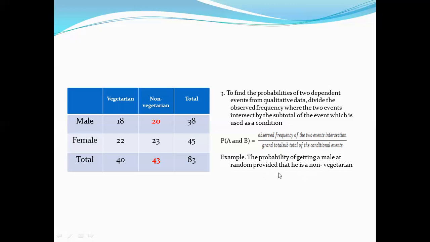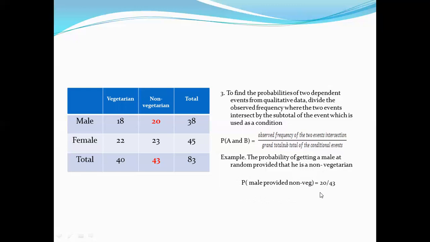Okay, let's go back to the problem. This is getting the probability of a male at random provided that he is non-vegetarian. First, we get the intersection of male and, at the same time, non-vegetarian. That would be 20. But this time, your denominator will not be the grand total; instead, it will be the conditional event, which is non-vegetarian. So that's going to be over 43.